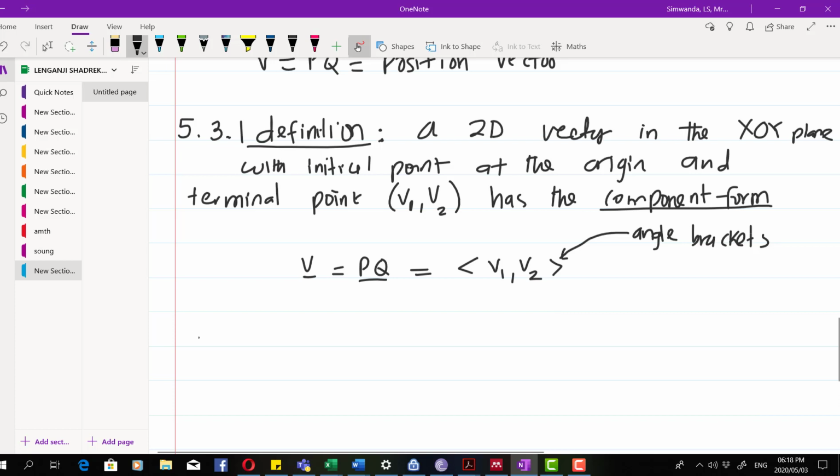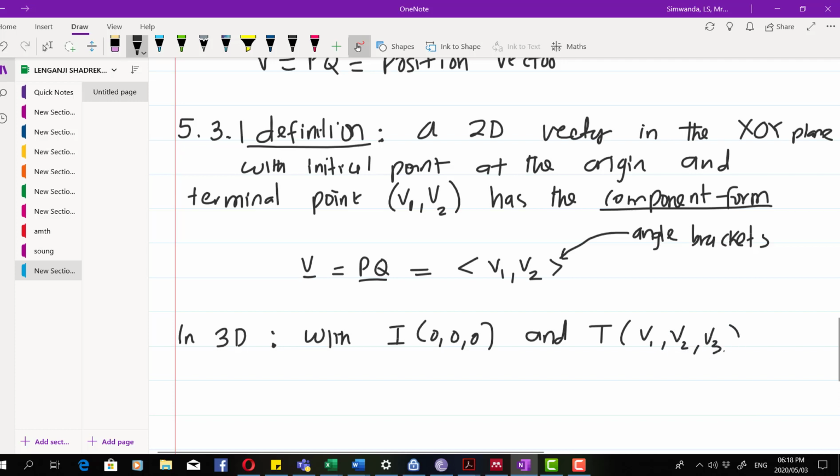So what if we extend this concept to 3 dimensions? In 3 dimensions, let's say we have a vector with initial point, of course, the origin (0, 0, 0), and the terminal point, let's say v1, v2, and then an extra v3, because now we are in a 3-dimensional space.